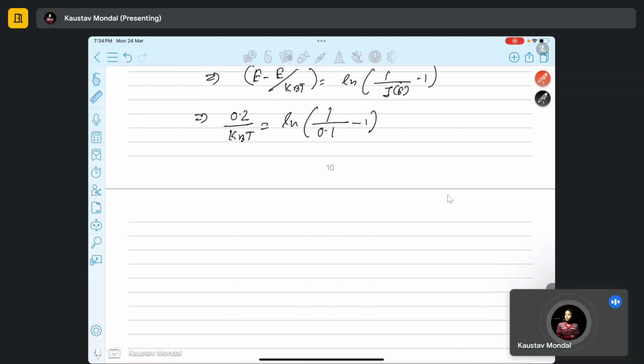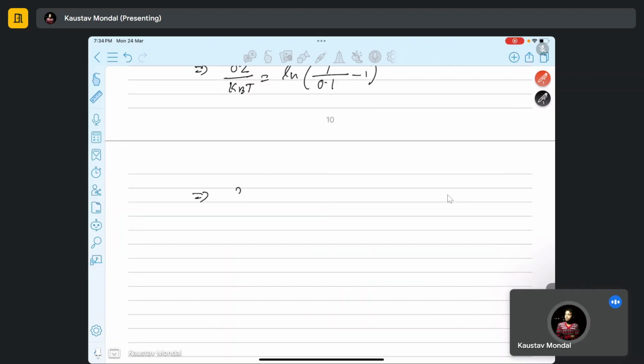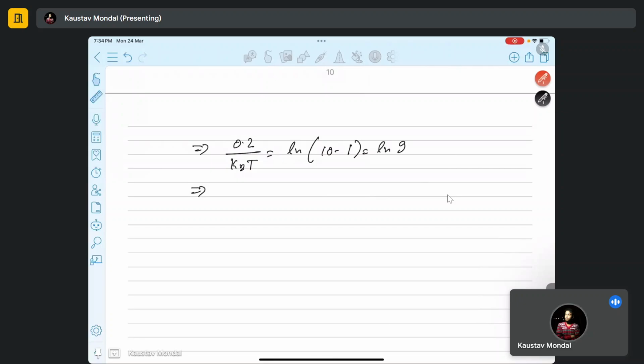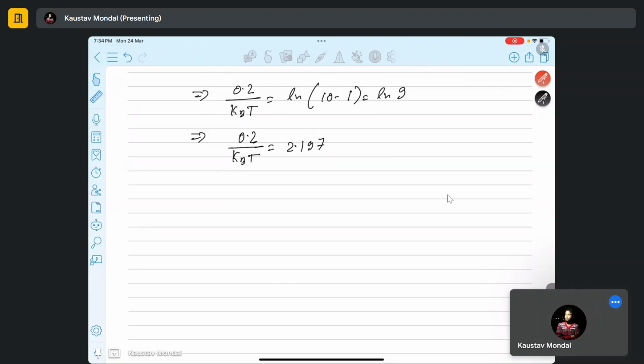So everything is there. 0.2 by kBT is log of (10 minus 1), which is log of 9. Log of 9 is 2.197. So T would be simply 0.2 by 2.197 into 8.617 into 10 to the power minus 5, right?